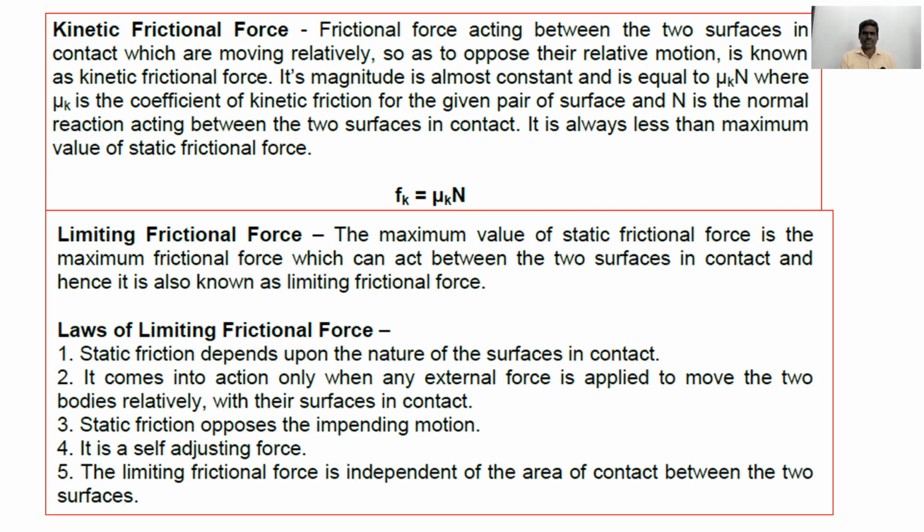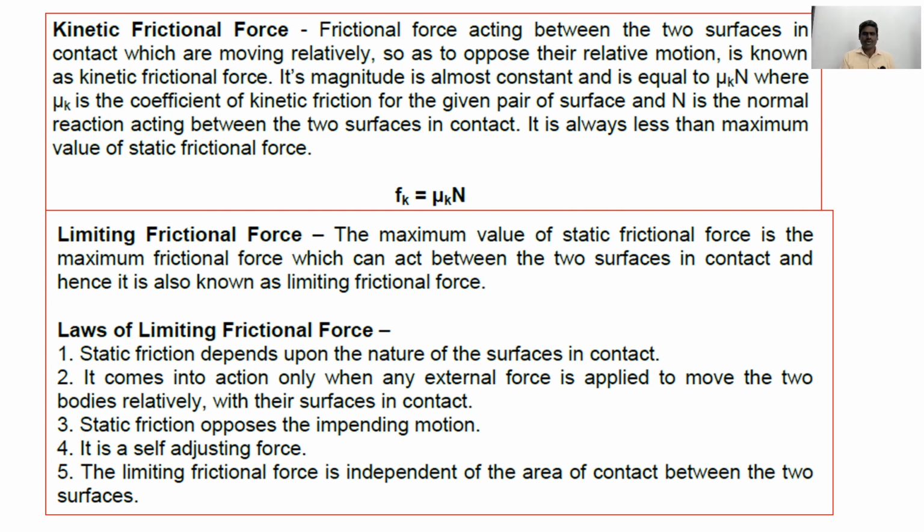Limiting frictional force: the maximum value of static frictional force is the maximum frictional force which can act between two surfaces in contact, and hence it is also known as limiting frictional force. Laws of limiting frictional force: static friction depends upon the nature of the surfaces in contact.